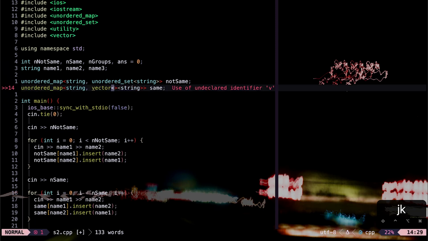Instead of this being unordered, can I make this a vector?